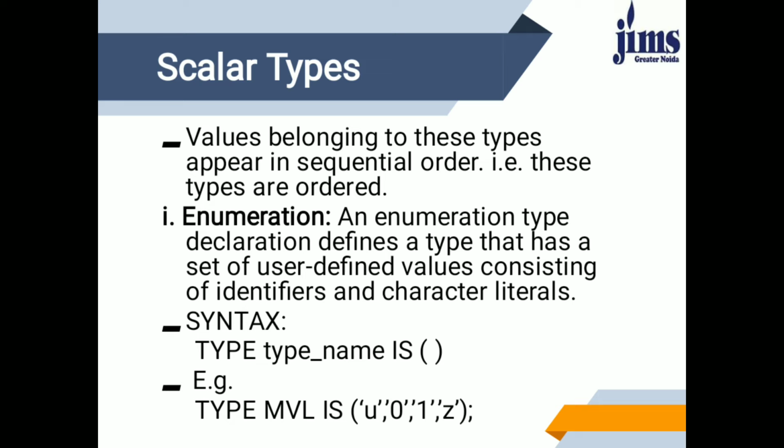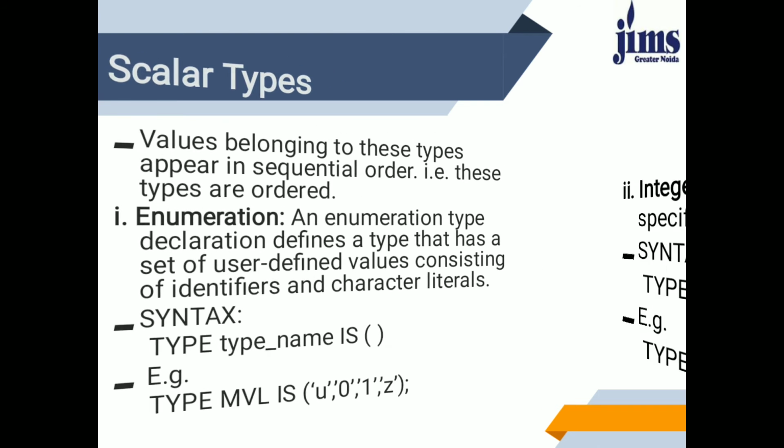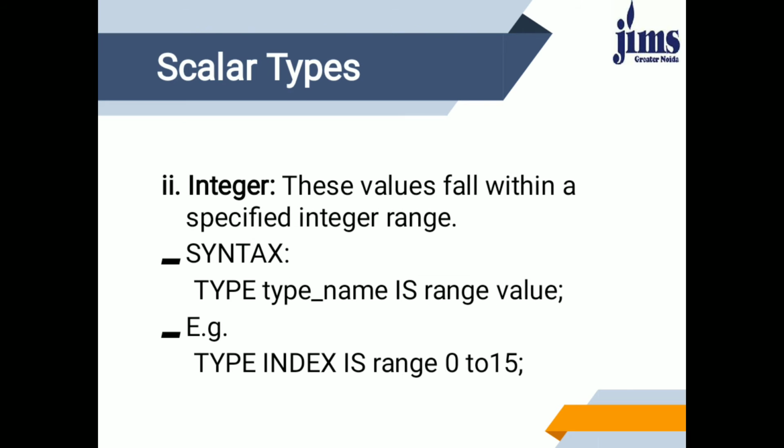For example, type MVL. Here MVL is user defined. 4 values have been given: U unidentified, 0 that means low, 1 that means high and Z that means high impedance. So this way we can define the enumeration type. Here 1 and 0 are predefined words, that means high or low.